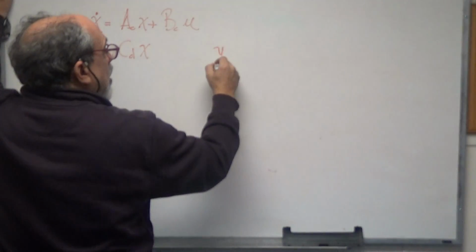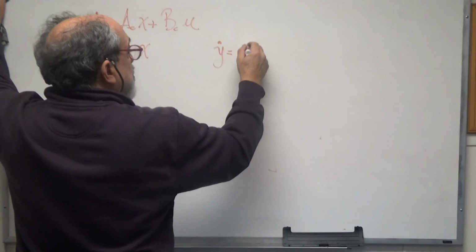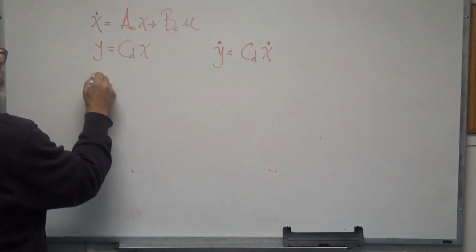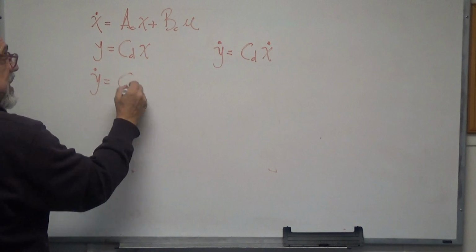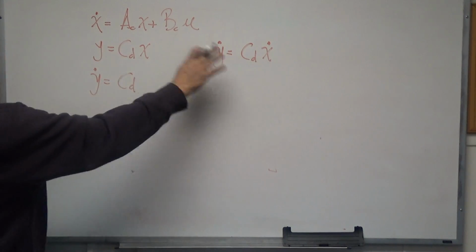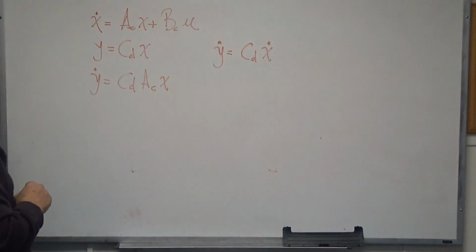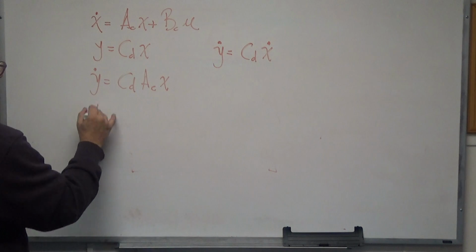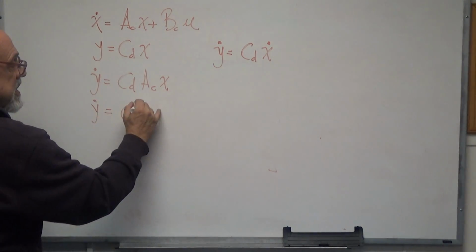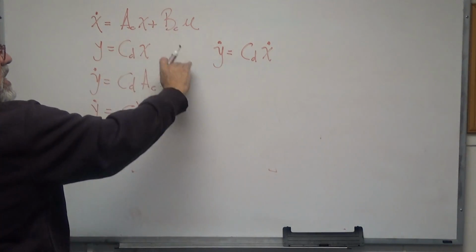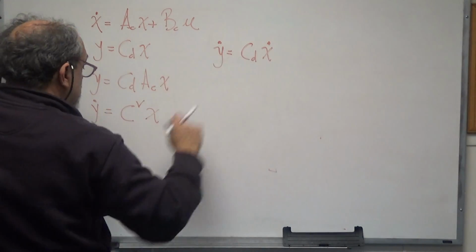Then we have y dot is equal to CD x dot, and therefore y dot is equal to CD times AC times x, right? And we just said that this is CV, so we can also write this as CVX because we know that the term CDBC was 0.